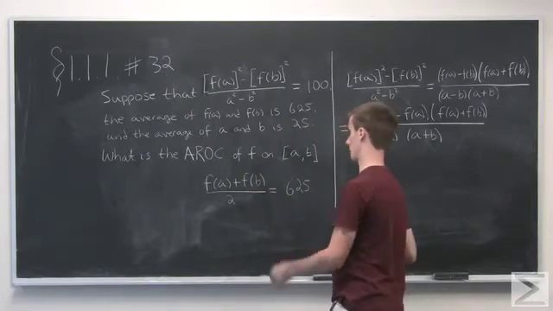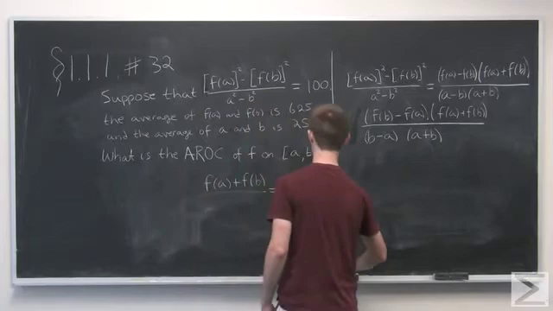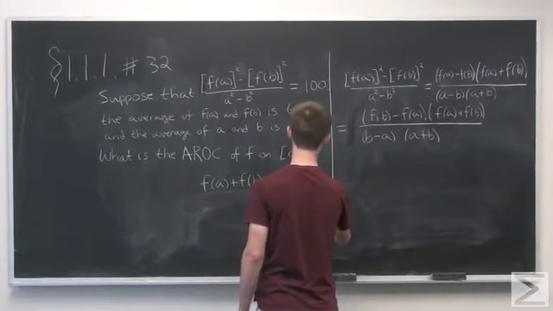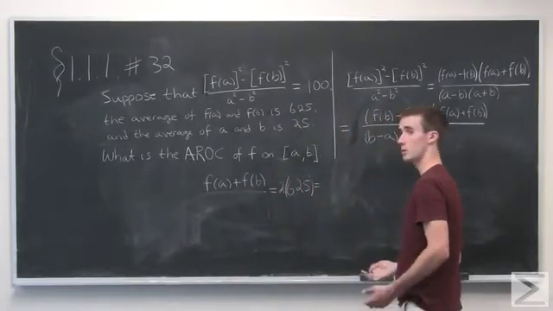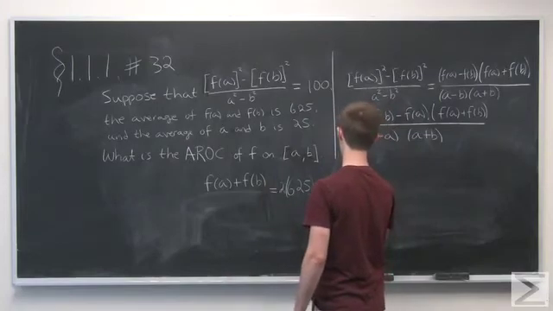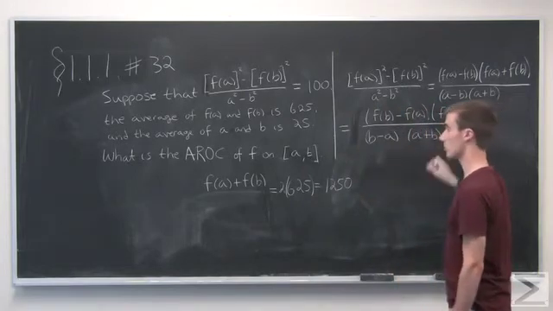But we can just multiply by 2 on both sides here. And we just see that f(a) plus f(b) is equal to 1250. So now we can just stick in 1250 in this part of the problem.